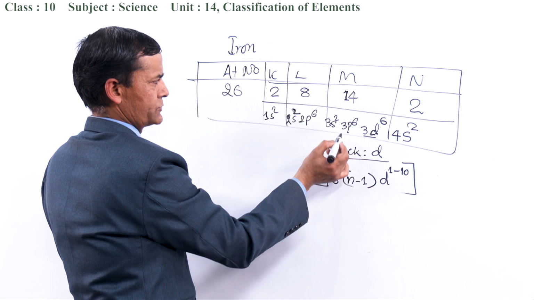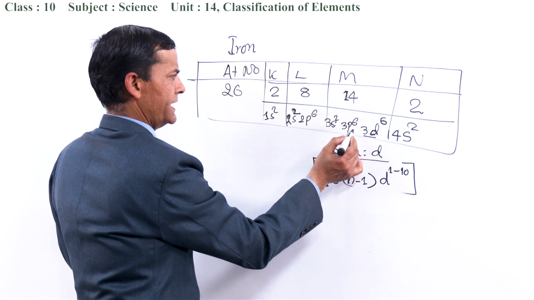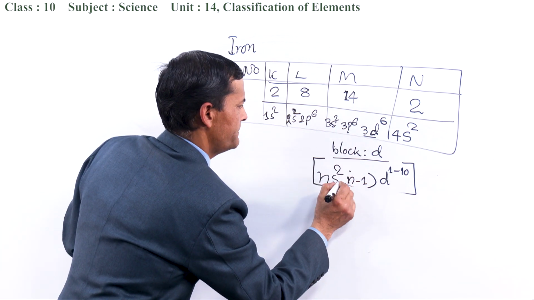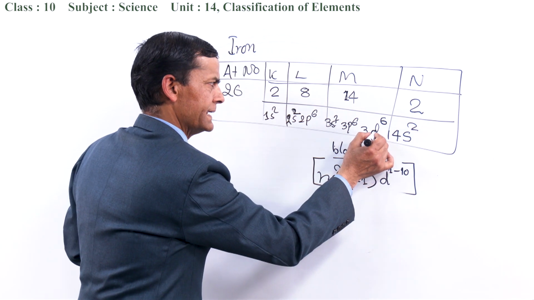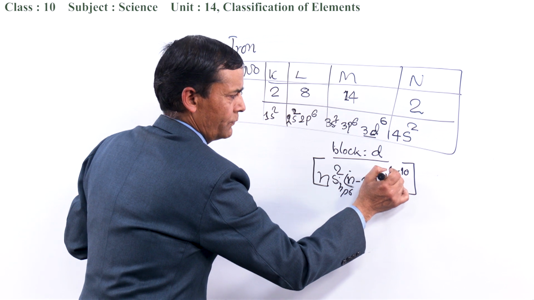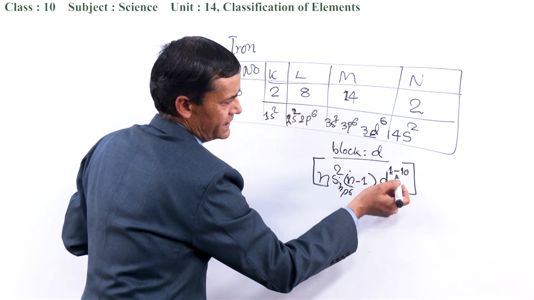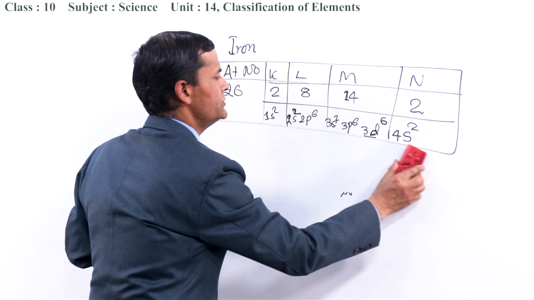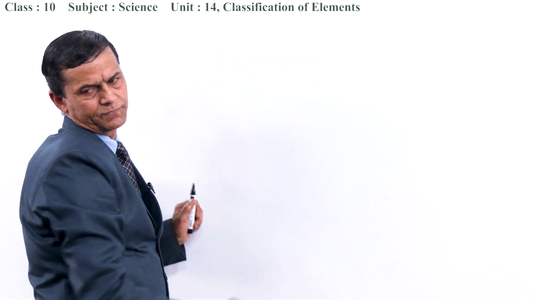Look at it: ns2, (n minus 1)d, and np6 also. Then (n minus 1)d1, 3d1, 3d2, 3d3 up to 3d10 can be filled, which you will study in higher classes, not in class 10.